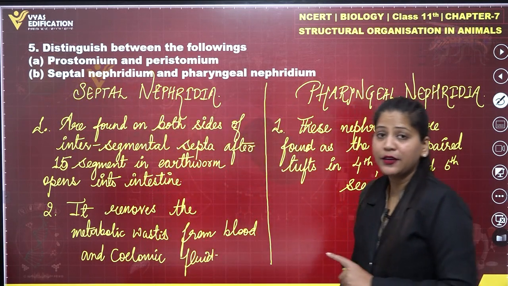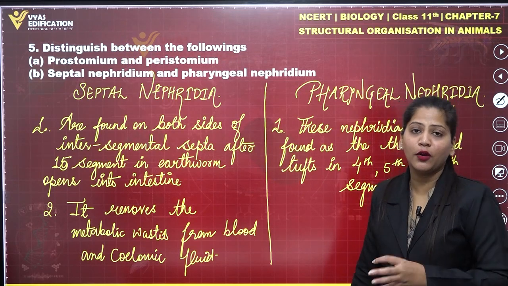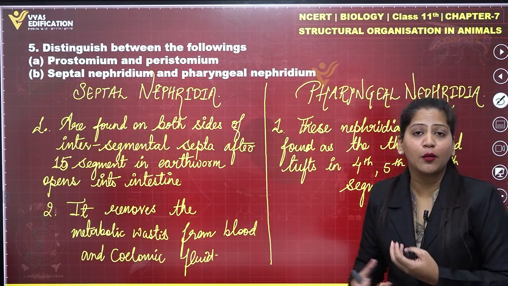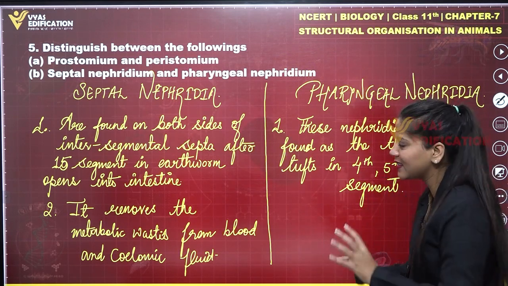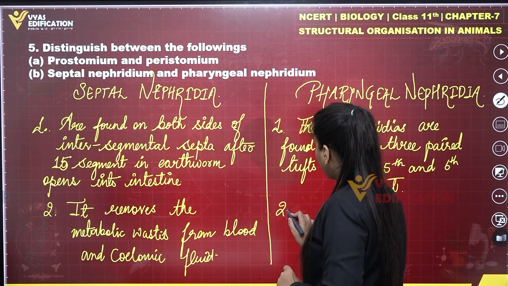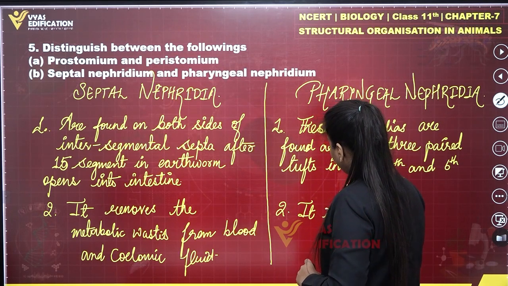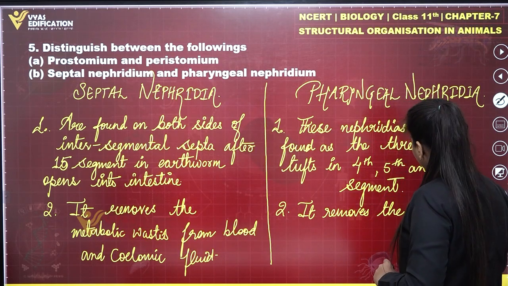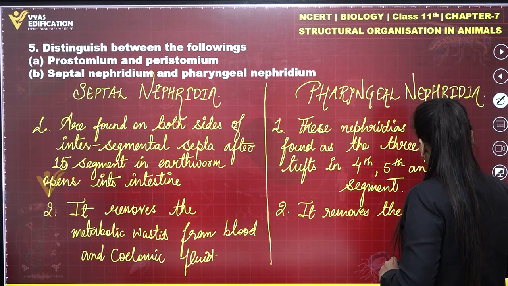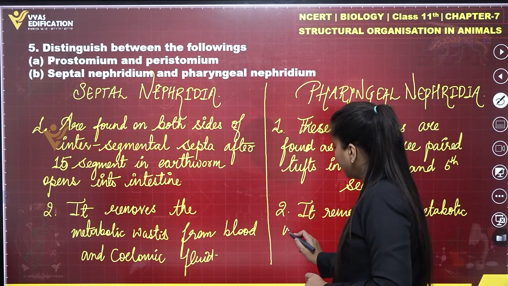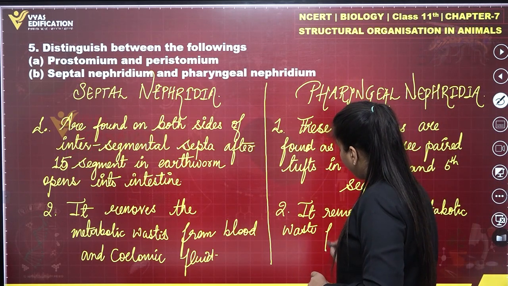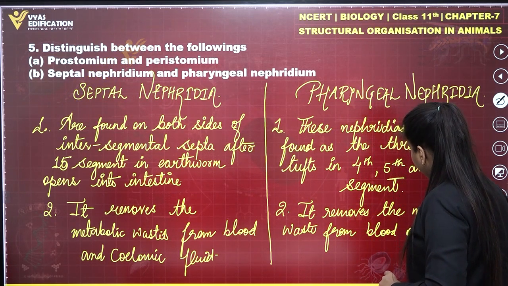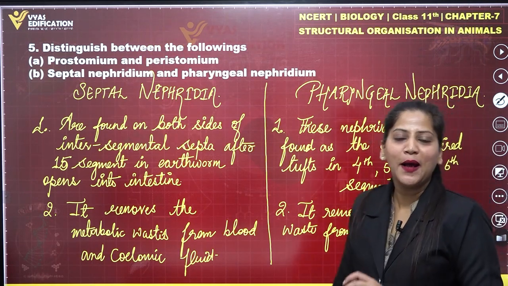But pharyngeal nephridia remove metabolic waste from blood only. So this is the difference. Let's write: it removes the metabolic waste from blood only.